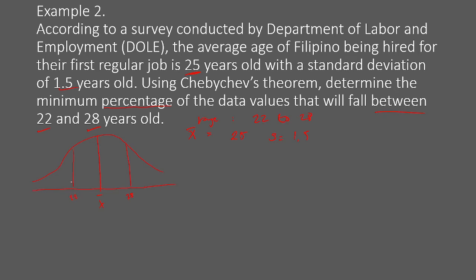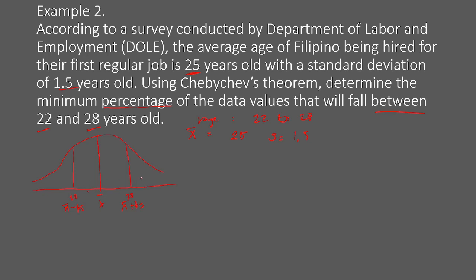Meaning to say, kung pag-uusapan natin yung K na ima-minus natin, halimbawa dyan, yung ating mean minus some value of K multiplied to our standard deviation will actually be the same K that we will be using for our 28.